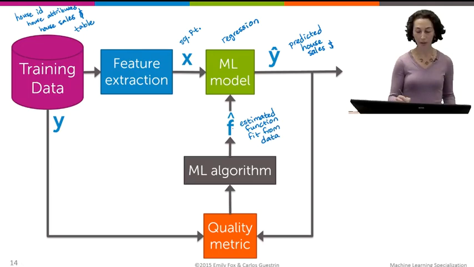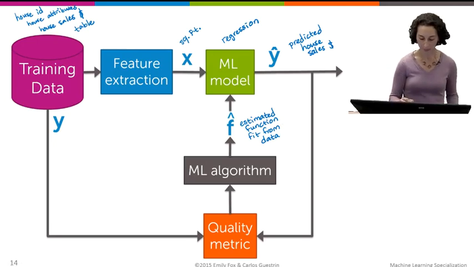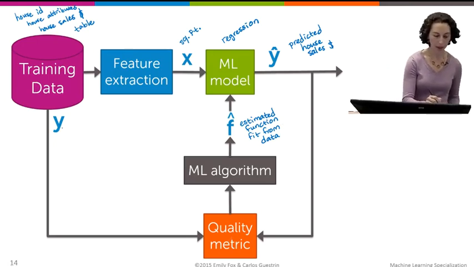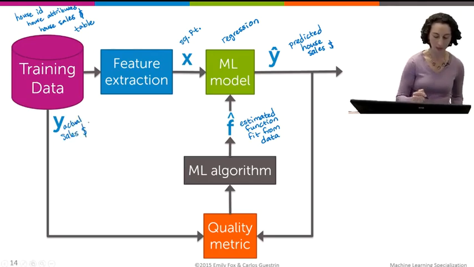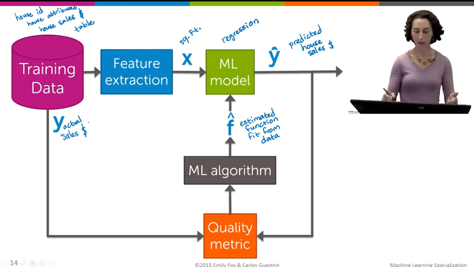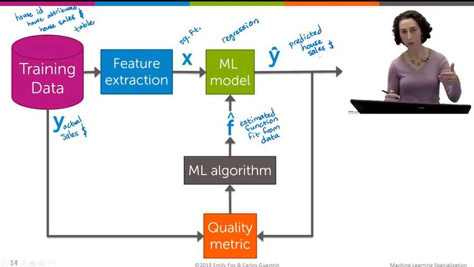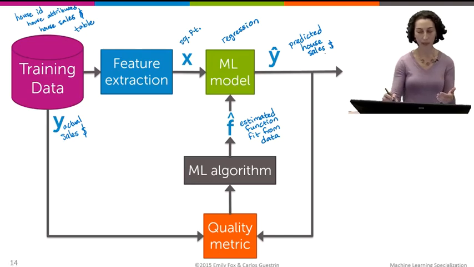And how are we going to determine f hat? How are we going to estimate this function? Well, first we're going to need to describe some quality metric. I should describe what y is. I already mentioned this earlier, but let's write it down explicitly. This is the actual sales price of our houses. And we're going to compare the actual sales price to our predicted sales price using any given f hat.